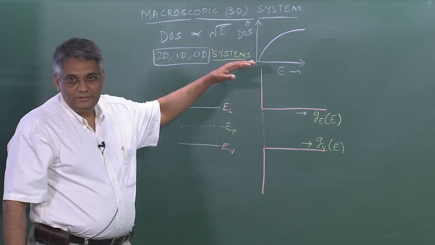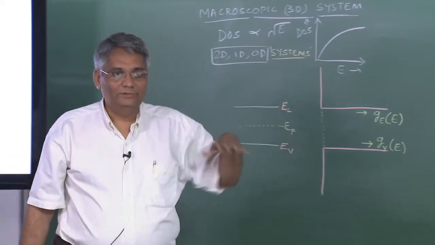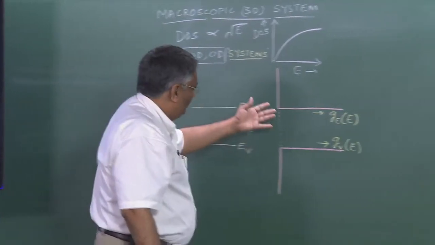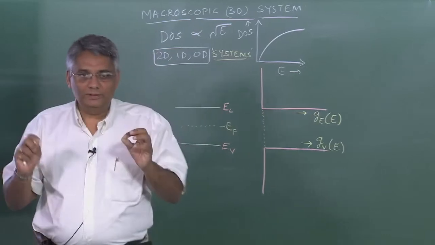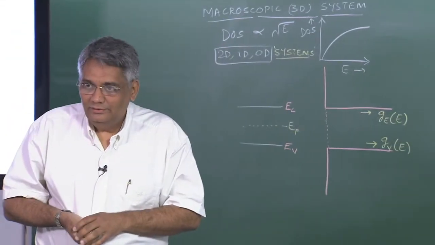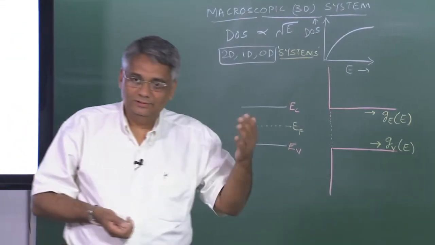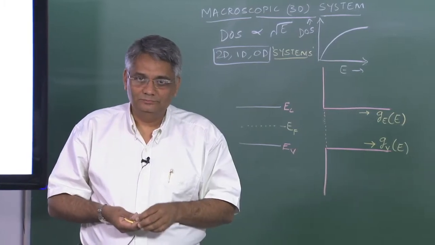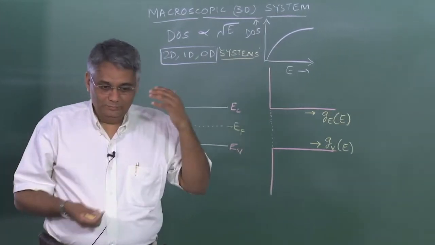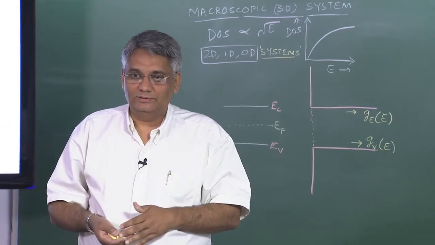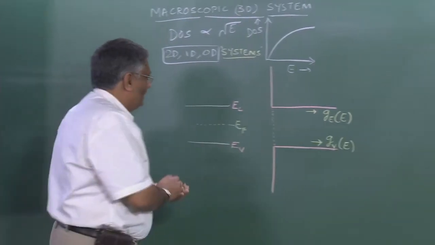So in a three-dimensional case, if you are asked to represent the density of states in both the cases, see, because doping certainly affects the number of carriers in a semiconductor. Okay, so you can create majority and minority carriers in a semiconductor, and that can be represented in a nice way.